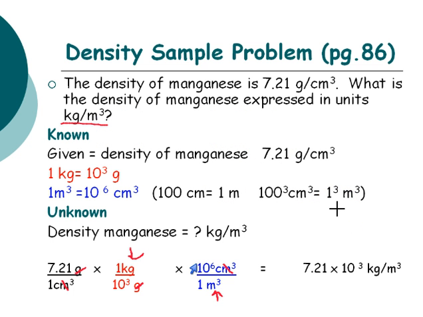Now we just do the math. 7.21 times 1, divide by 1. So the 7.21 stays the same.